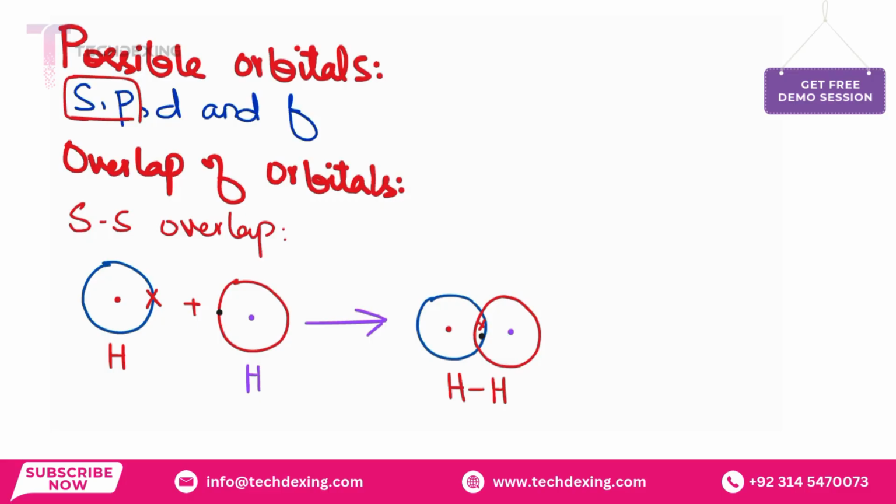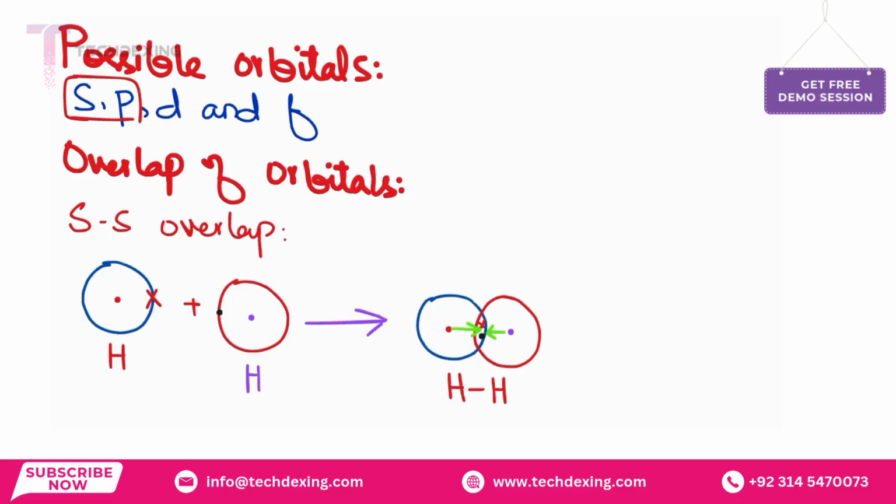So basically we can write on the slide that there is an attractive force between this one nucleus and this shared pair of electrons, and in the same way this nucleus and the shared pair of electrons. So this shared pair of electrons is holding the two nuclei together, right?